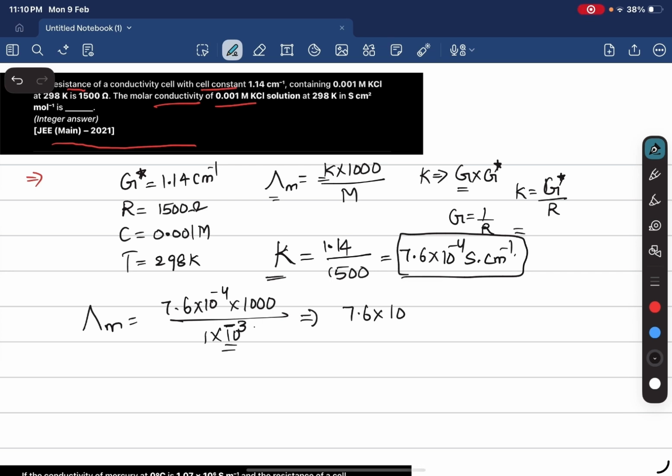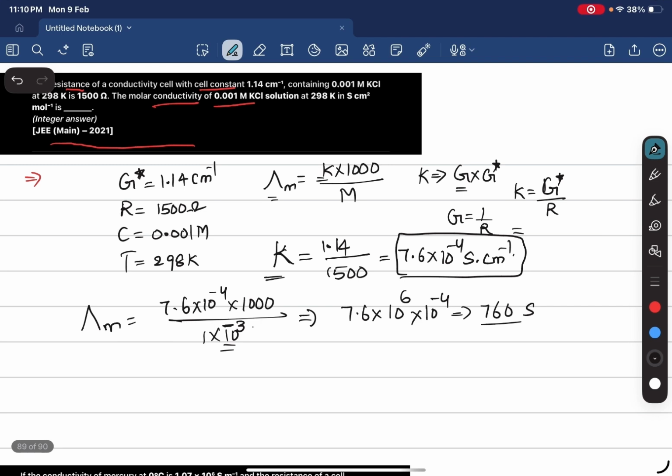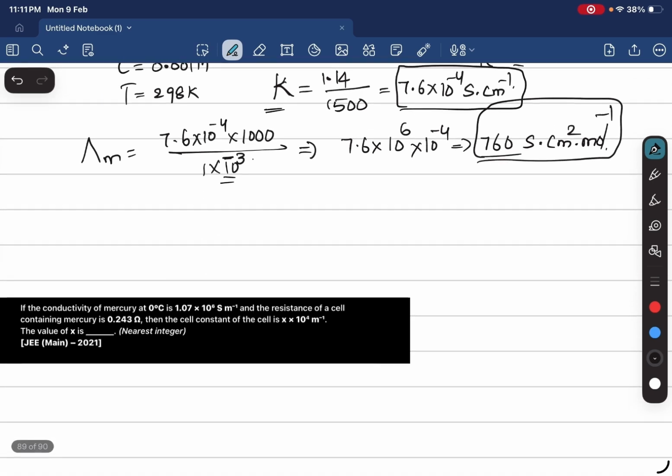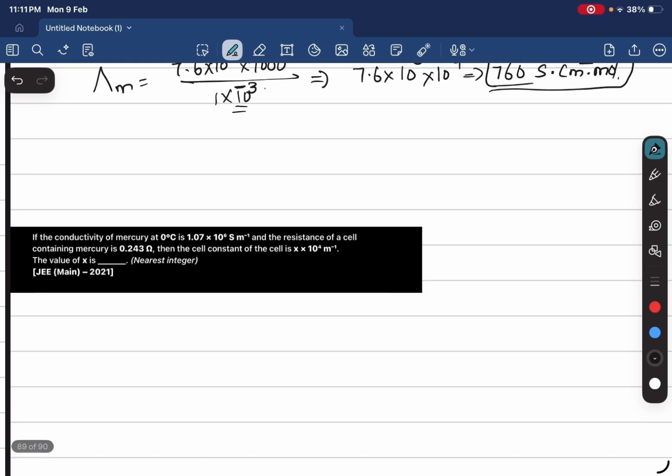If you take it up, it will be 10 power 6 into 10 power minus 4, so we can write it as 760 Siemens centimeter square per mole, because that is molar conductivity. This is the answer, students, for this question. This question came in JEE Mains 2021. Hope it is clear. Coming to the second question.